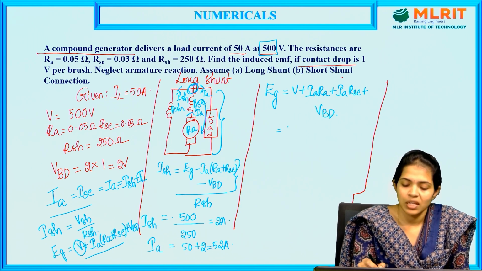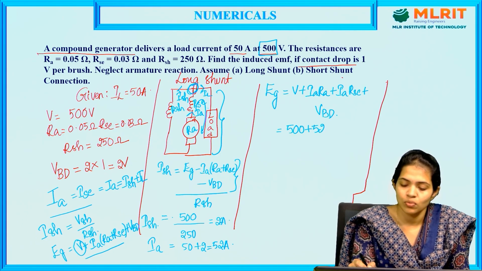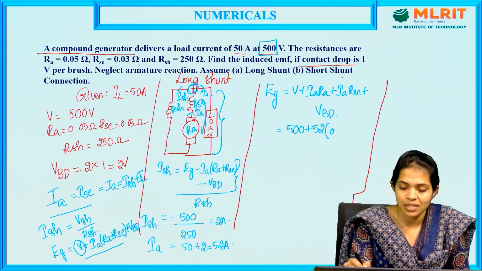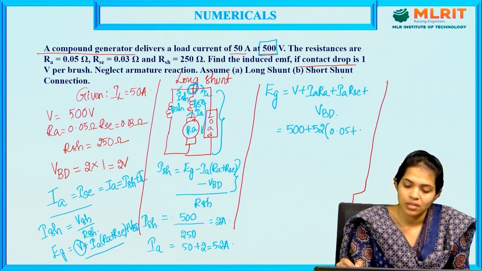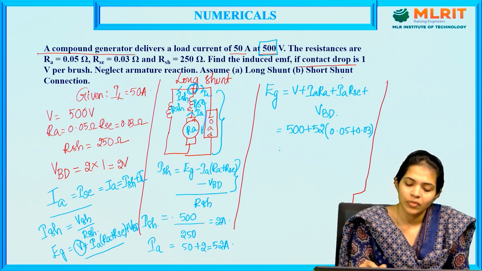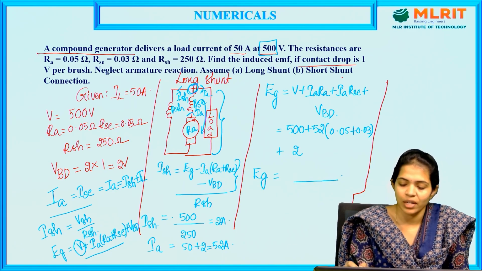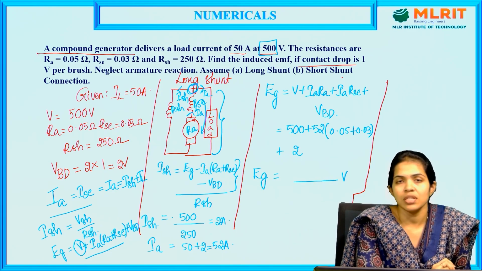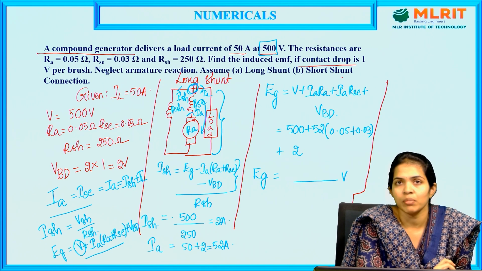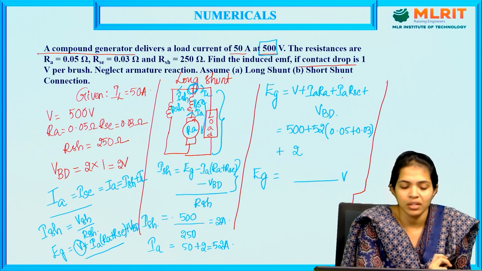VT he has given us 500. We got the IA value as 52. Then we will add RA plus RSC, 0.05 plus 0.03, plus the brush drop is 2 volts. So we will get the EG value here after calculating it further. So this is how you calculate the generated EMF for the long shunt compound generator.